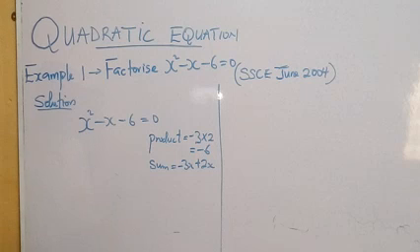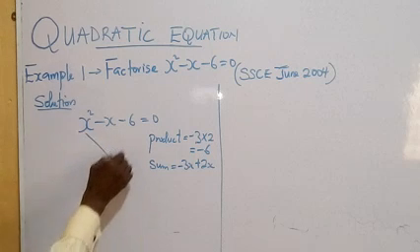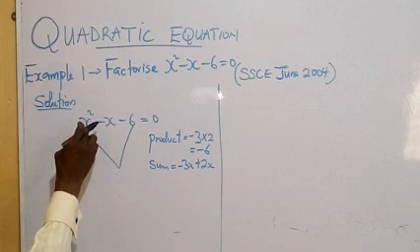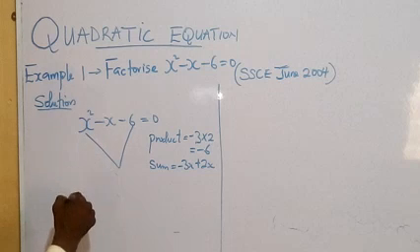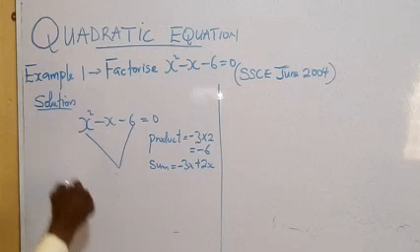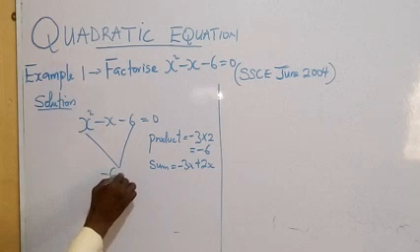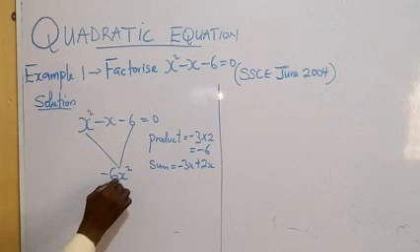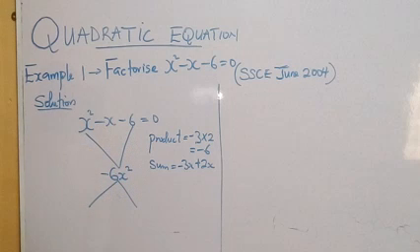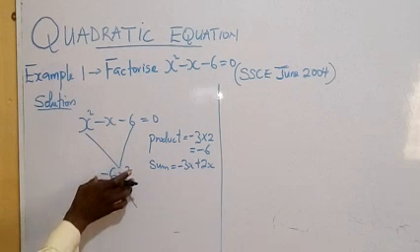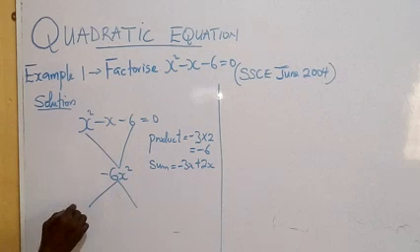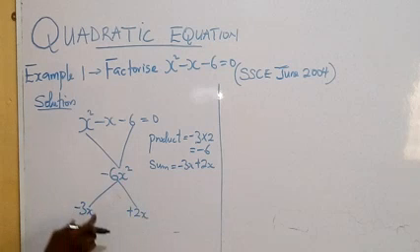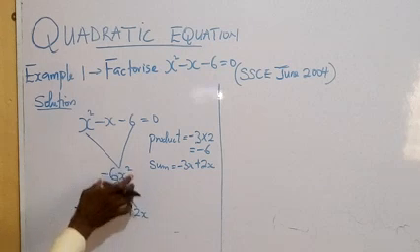You can also multiply -6 by x squared, which gives -6x squared as the product, then find the sum. -3x multiplied by 2x gives this product.